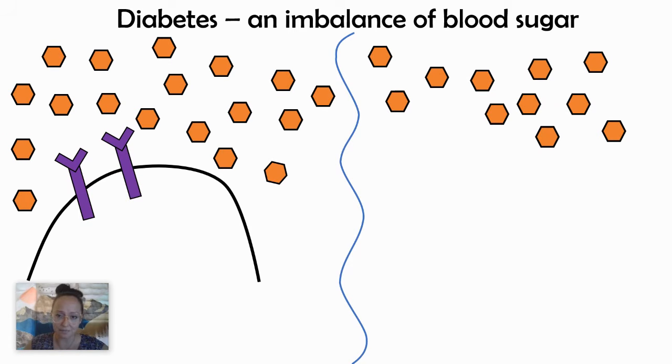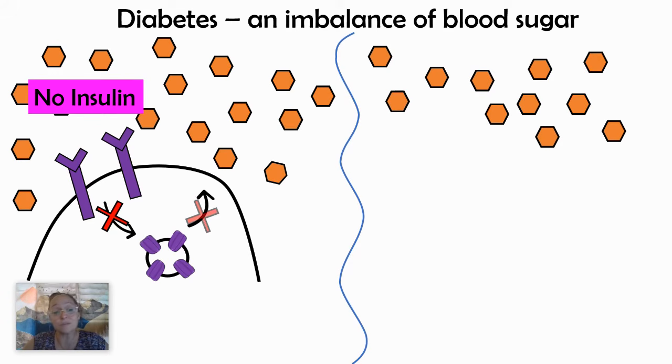In type 1 diabetes, a person's pancreas beta cells are actually attacked by their own immune system. So I believe it's their T cells that attack their own pancreas cells, and their pancreas beta cells no longer release insulin. So even when there's high blood sugar, there's no release of the ligand, and therefore there's no cell response, and the blood sugar levels stay high.